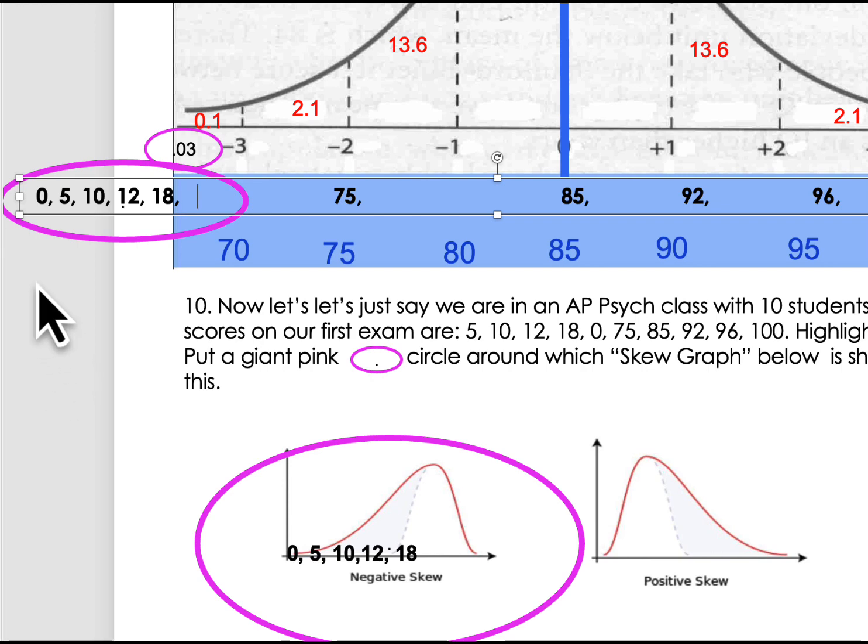Because if you look over here and see our data set that was so skewed all underneath the average of the bell curve lower than a grade of 70, this would be that blown up right here, just a picture of it being pulled all the way to the left because of those low numbers.